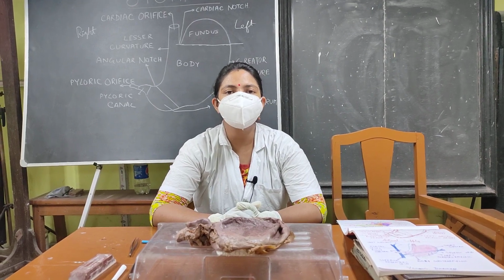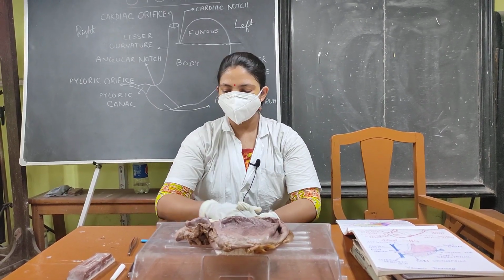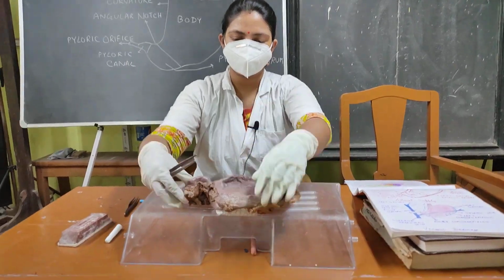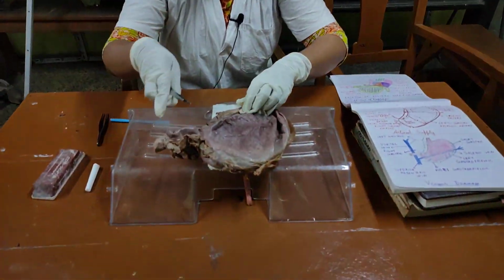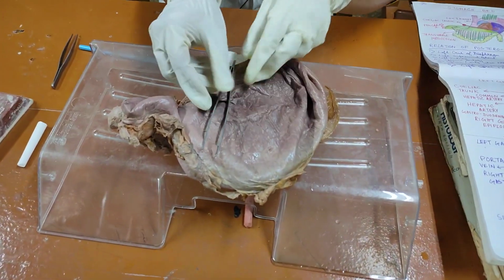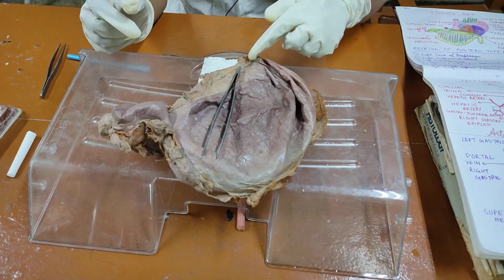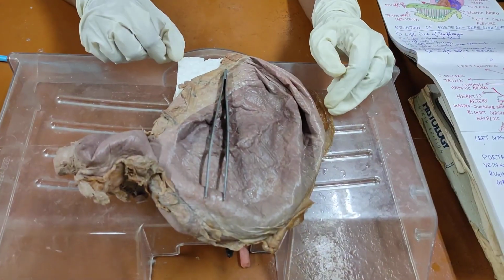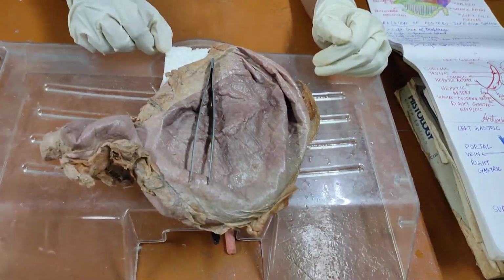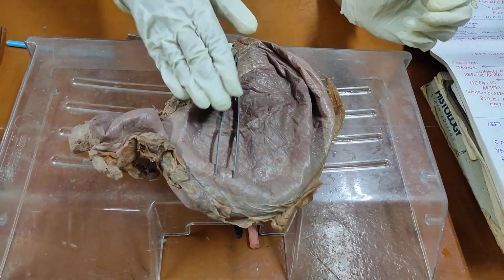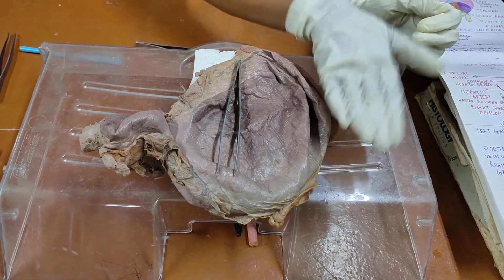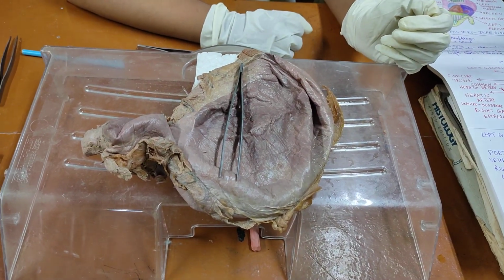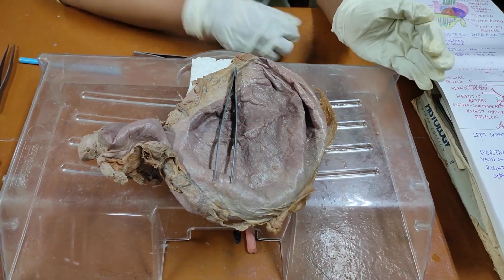Lastly, coming to the lymphatic drainage. For the lymphatic drainage, I will draw an imaginary vertical line from the cardiac notch. This is the right side, this is the left side. Towards the left side, what can we see here? The lymphatics will drain into pancreatico-duodenal lymph nodes.